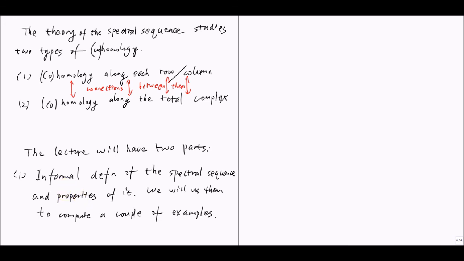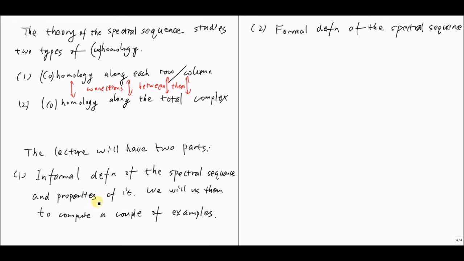In the second part, we will give a formal definition of spectral sequence. We will see how exactly the spectral sequence is constructed and verify the properties we mentioned in the first part.